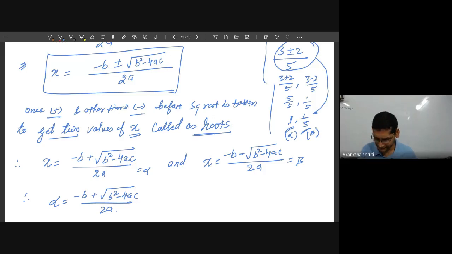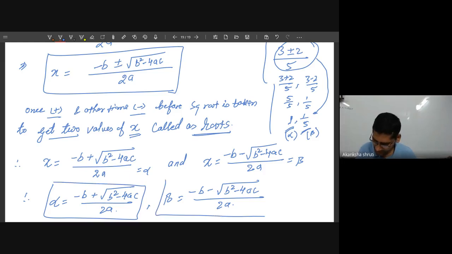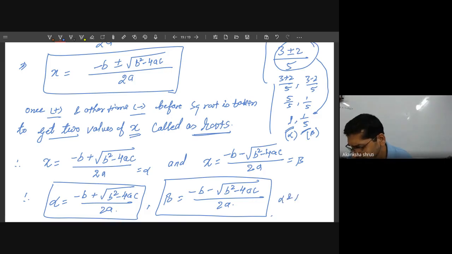That doesn't make any difference. One you take as alpha, the other as beta, with b square minus 4ac by 2a. So alpha and beta are two zeros, the roots, called zeros for the polynomial. Okay, student?